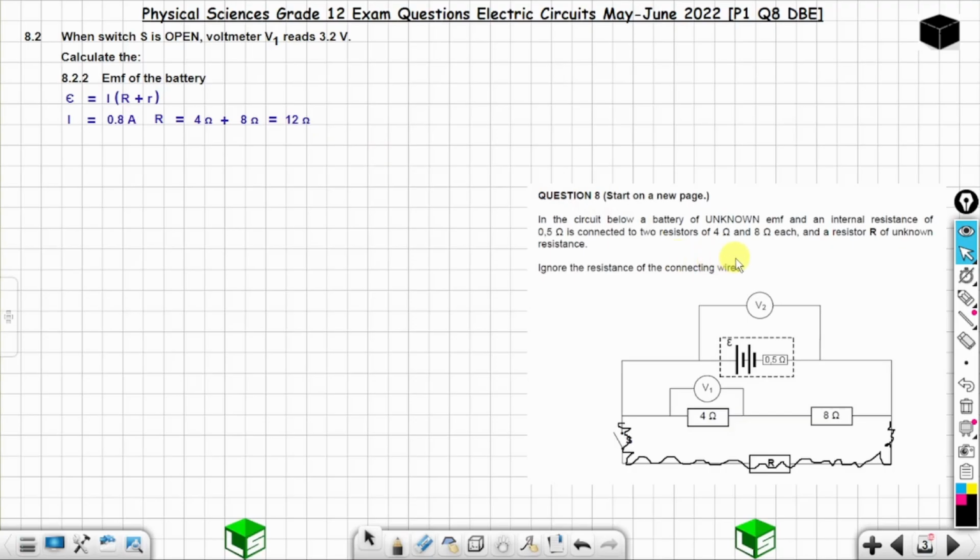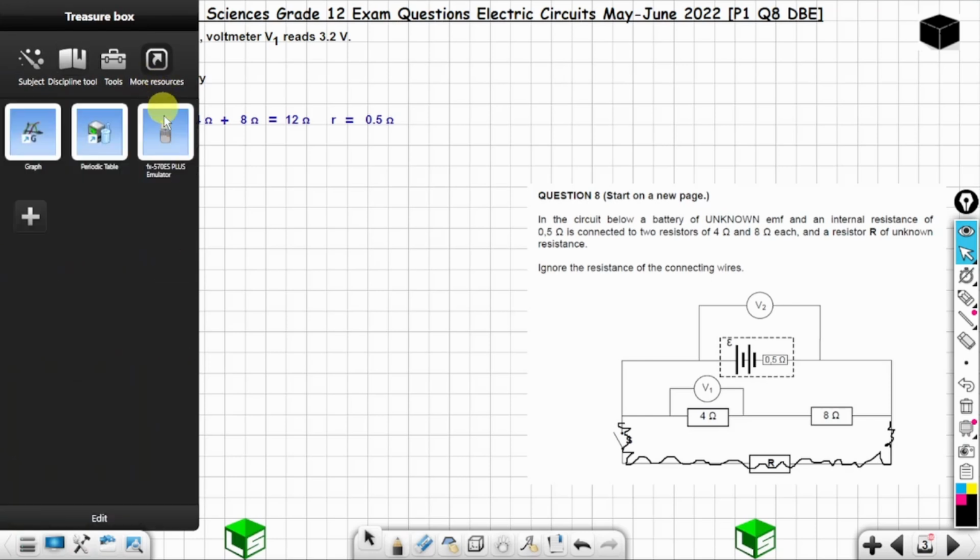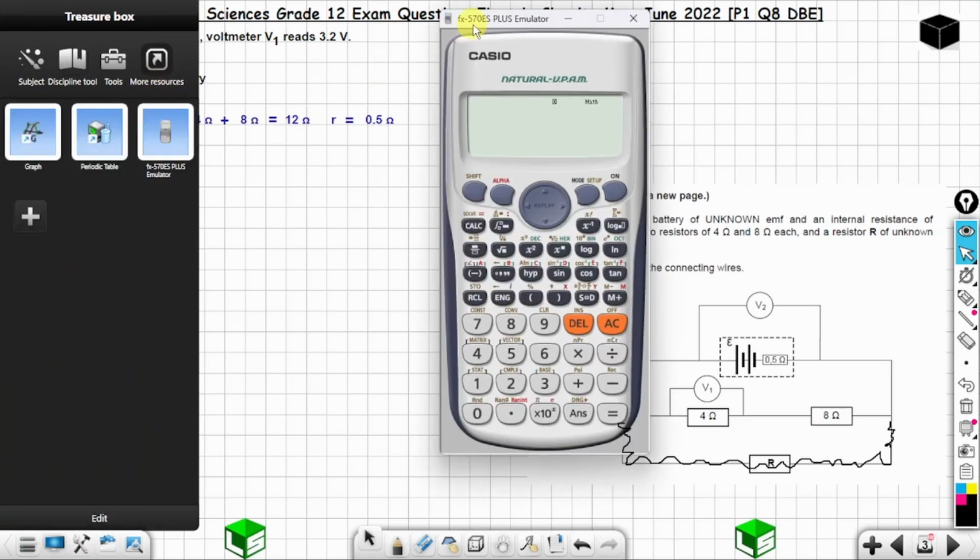And you have the internal resistance, which is equal to 0.5 ohms. Now you can find the EMF, you plug everything into the formula. The EMF is equal to, you can use your calculator.